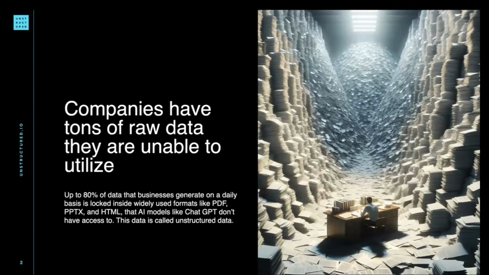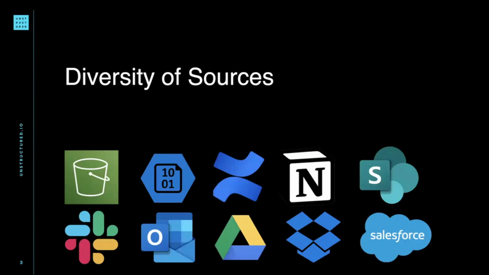You have a company wiki, Notion, or Confluence, Slack messages, files in Dropbox, files in S3 buckets, files in blob storage, and so many different silos containing different documents are spread around for every organization.